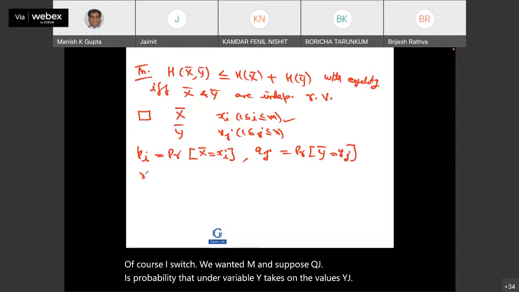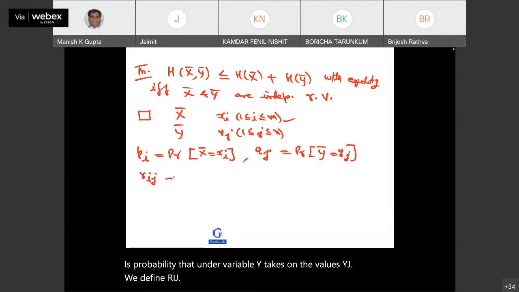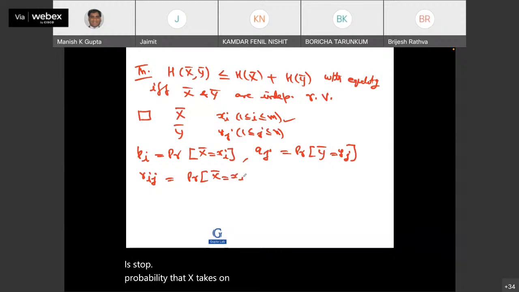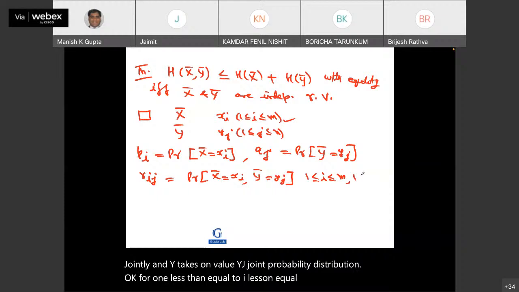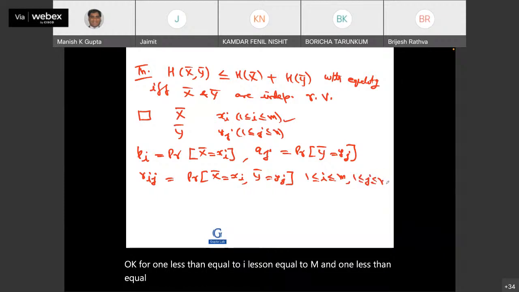We define rij as the probability that x takes on value xi jointly and y takes on value yj, the joint probability distribution, for 1 ≤ i ≤ m and 1 ≤ j ≤ n.